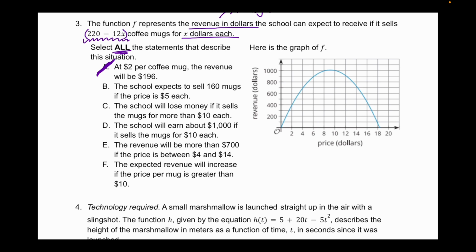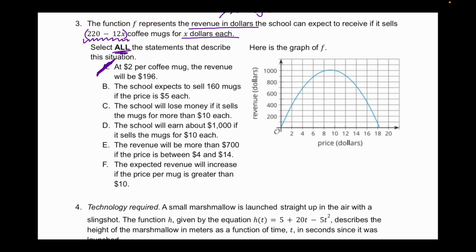B, the school expects to sell 160 mugs if the price is $5 each. Can I read that from my graph? Well, my graph contains revenue and price. It doesn't contain the number of mugs. But what does contain the number of mugs is this equation, because that equation represents the number of coffee mugs they would sell.